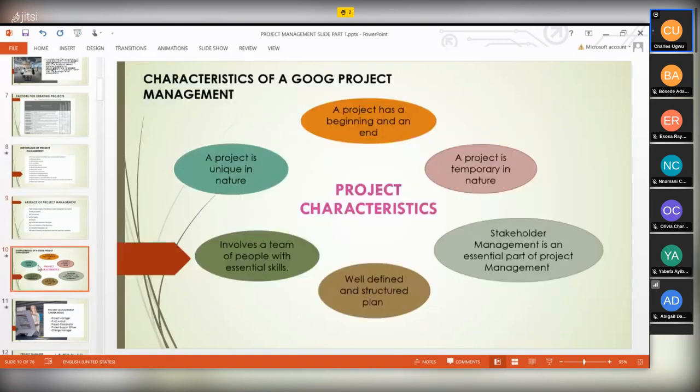Then we've been talking about project management. What are the characteristics of a good project? What are the features of a good project? A good project has a beginning and an end. You must have a beginning. Like when you are planning your project, and some of these project management tools, which you'll be using very soon, like Microsoft Project and Project Libre, the first thing they'll ask you to do is when you put the beginning, you put the end.